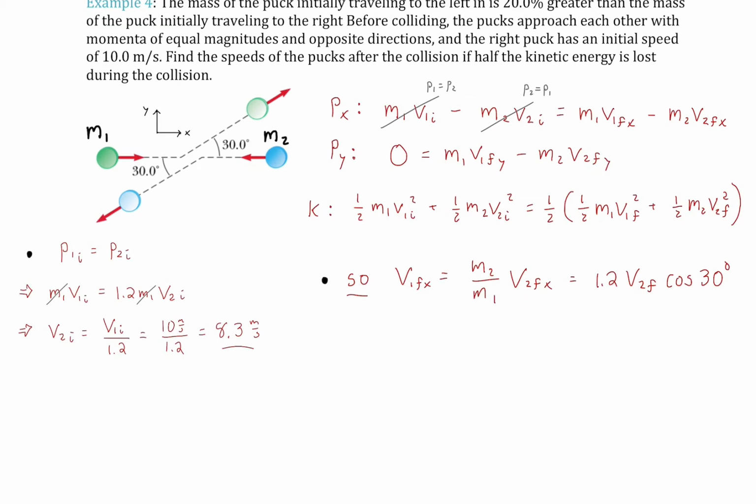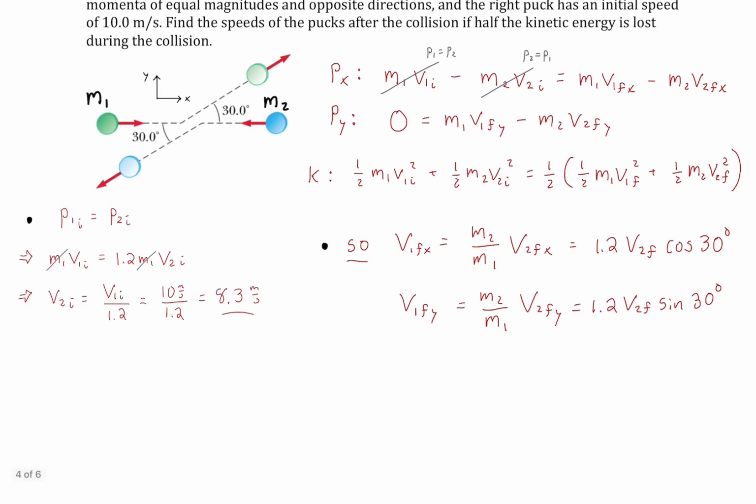So this expression right here is coming right from that one. Then I'm just going to write it out in terms of the actual components. So V2 final x is V2 final times cosine of 30, because again, we know both angles, so no inverse trig. And then we do the same thing for y. Then I'm going to rewrite this, because m2 over m1 is just 1.2, because m2 is just 1.2 times bigger than m1.